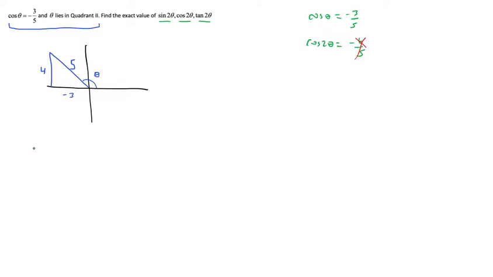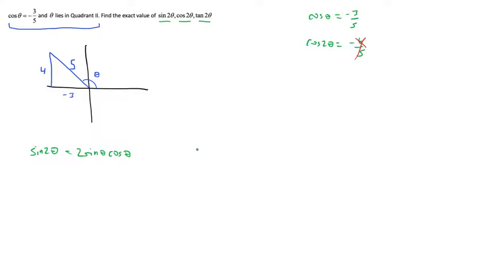Well, what is the sine of 2 theta? There's a formula for that. It's called a double angle formula for sine. It's 2 times the sine of theta times the cosine of theta. Remember, this is what we're asked to find. This is the formula. So your job is, how do I use the formula? I need to plug in these values.